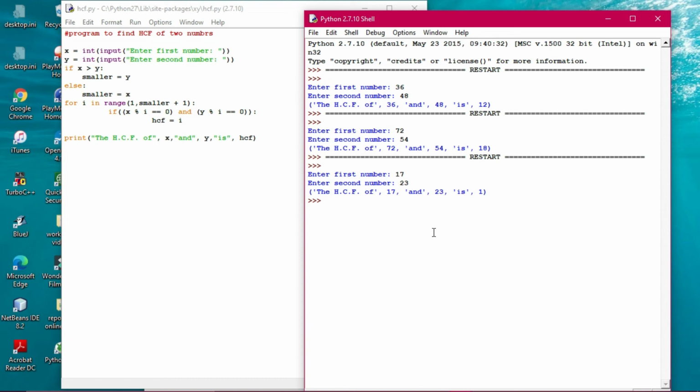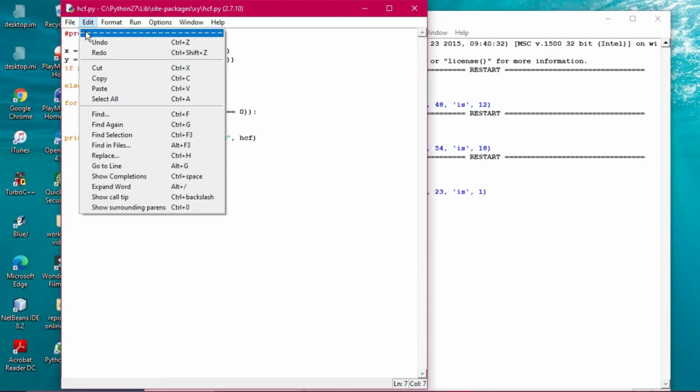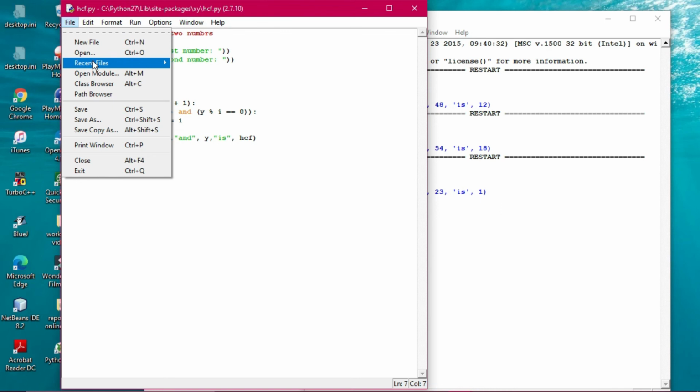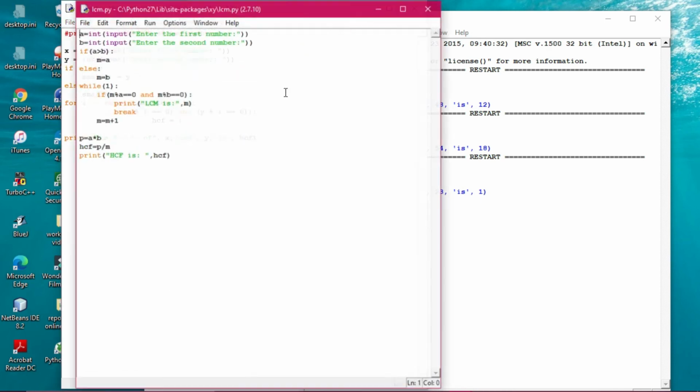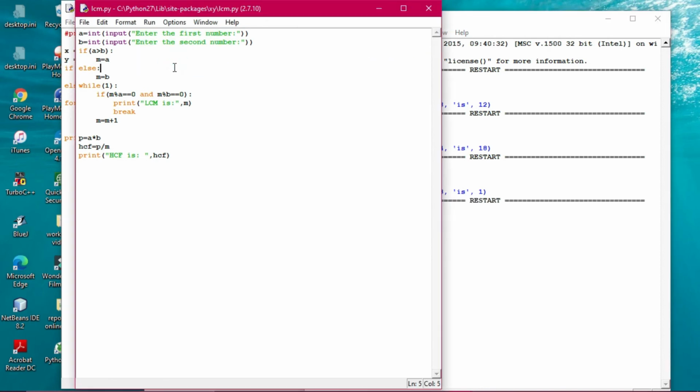Similarly, whenever you are doing the LCM, let us open the LCM program once more. Suppose you are entering the same thing here. Let's run it, execute it.